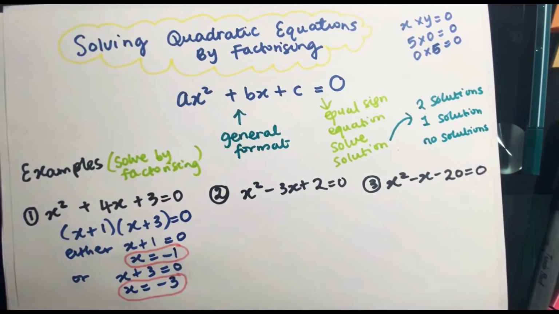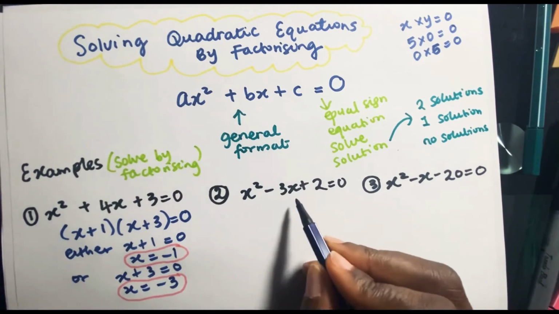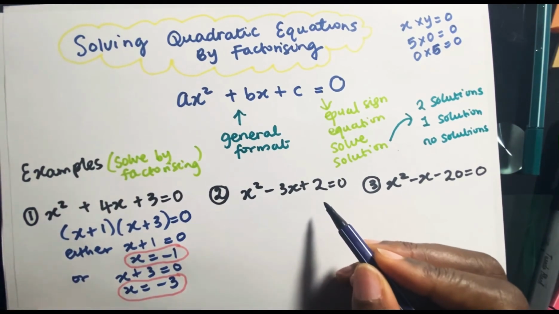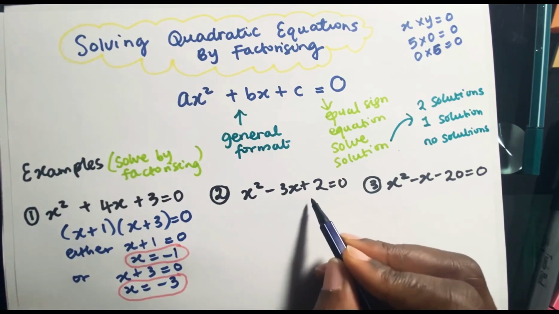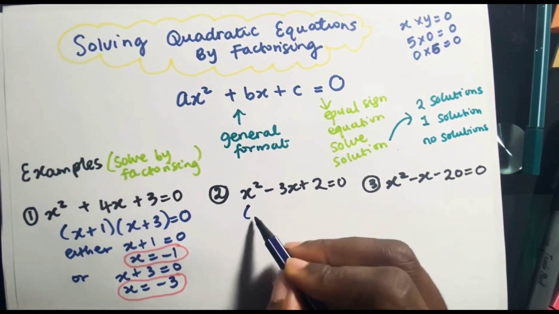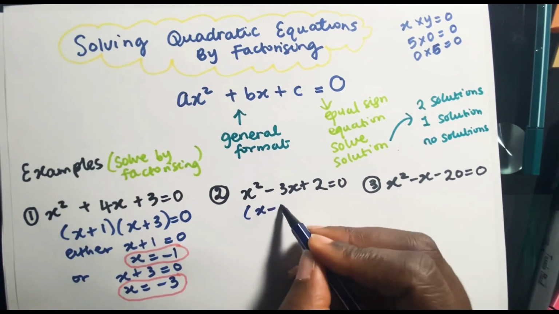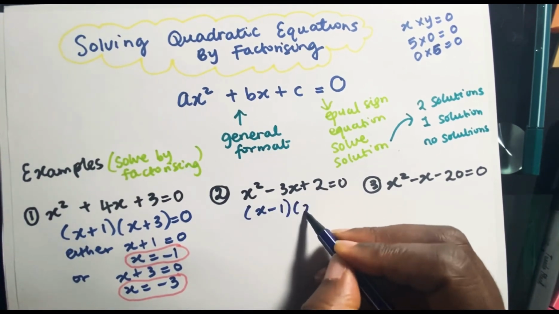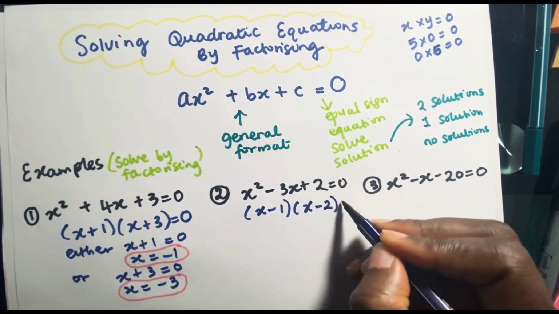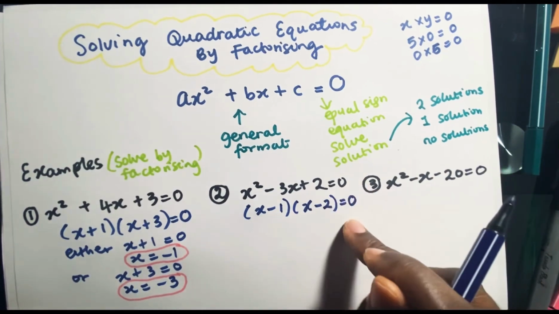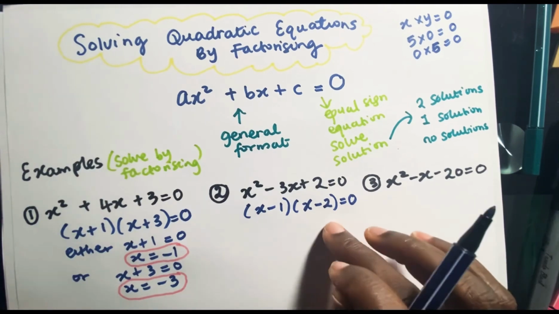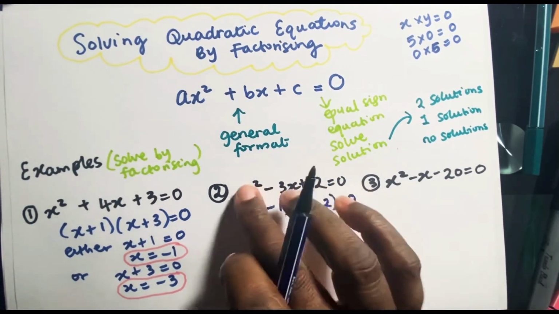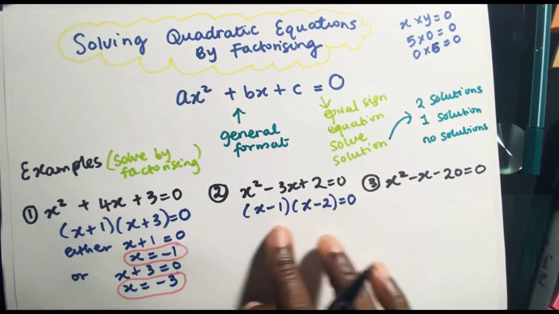In example 2, we have x squared minus 3x plus 2, and it's asking us to solve it by factorizing. If I factorize x squared minus 3x plus 2, I'm going to have x minus 1 times x minus 2, and that will be equal to 0. Make sure that you write it as equal to 0 because you have to solve it. It's an equation, and you're replacing the equation by its factors.